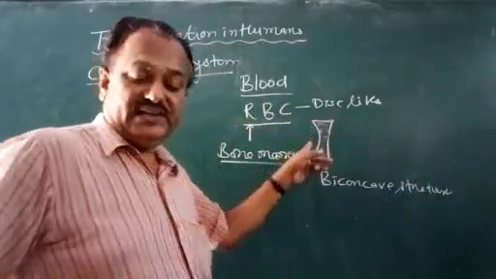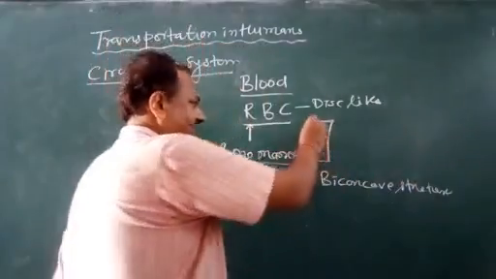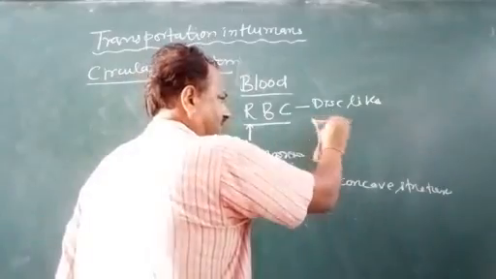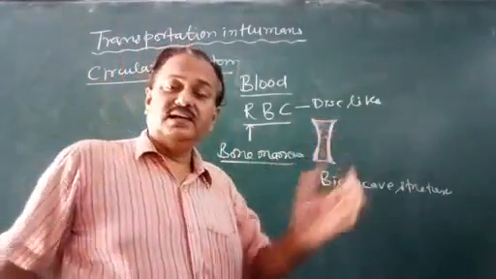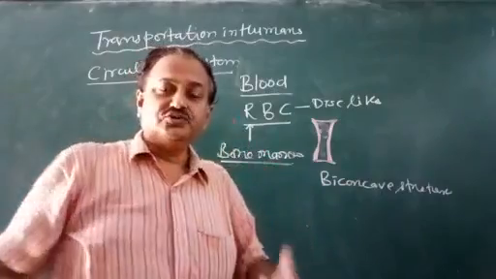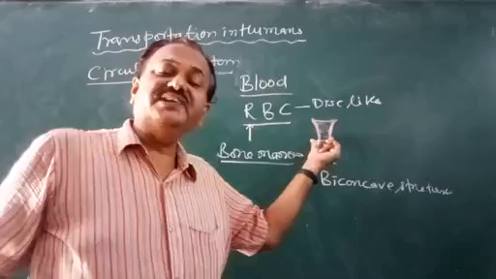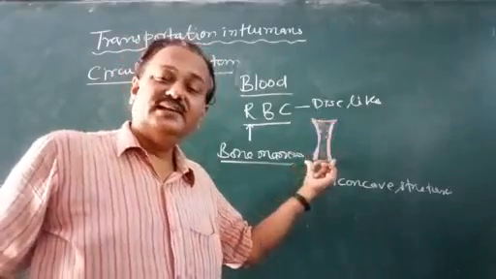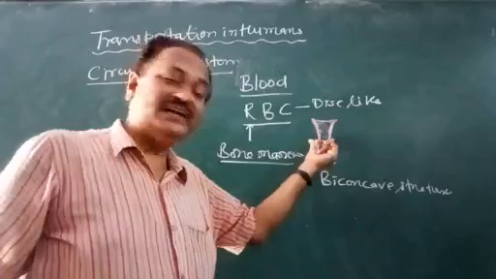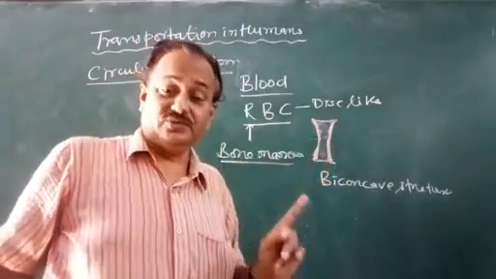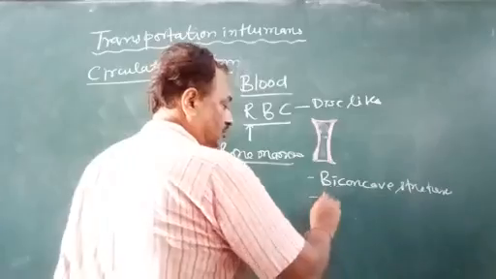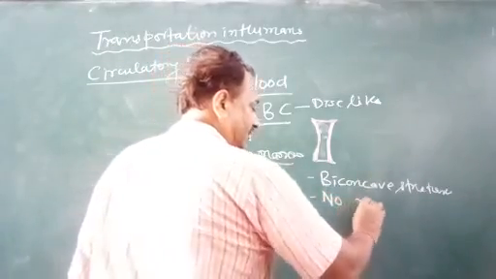Biconcave means the two sides are pushed inside, and at the ends they are wide. In the center they are slightly thin. So this is biconcave. Another point is that they do not have a nucleus.